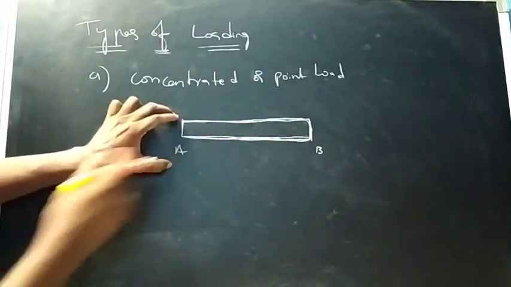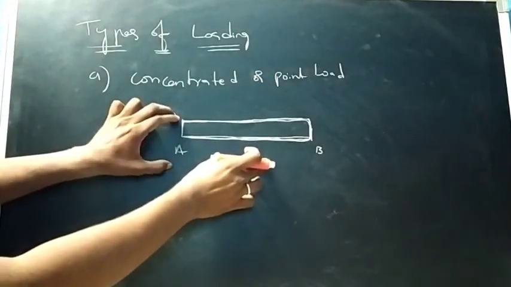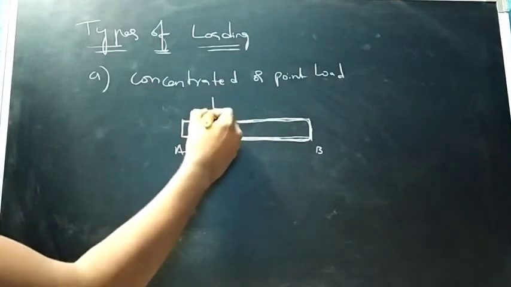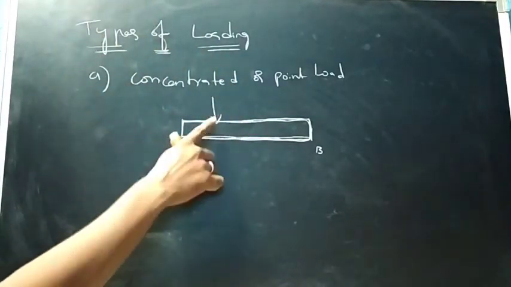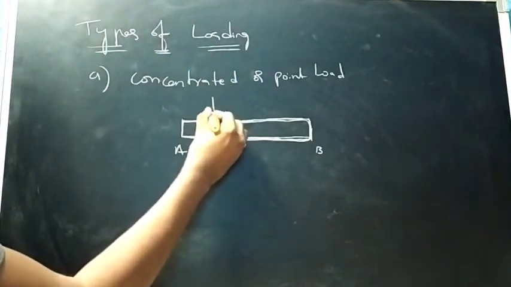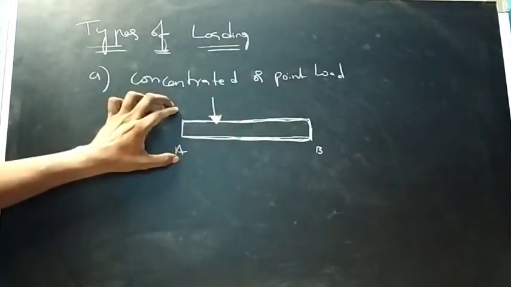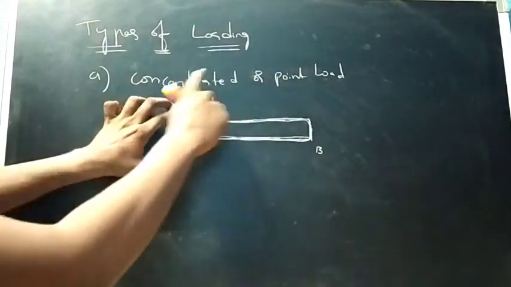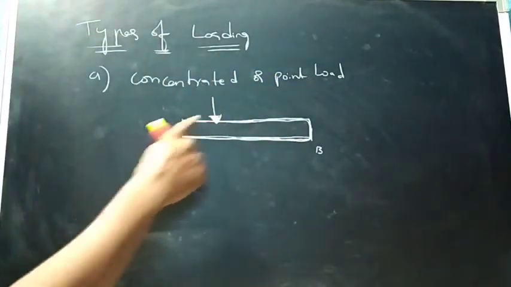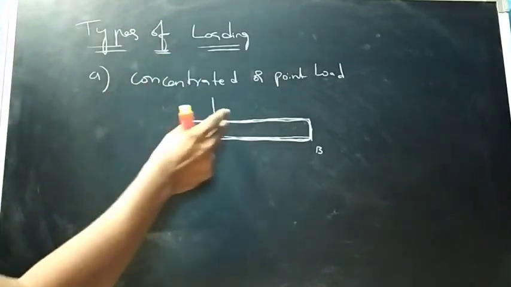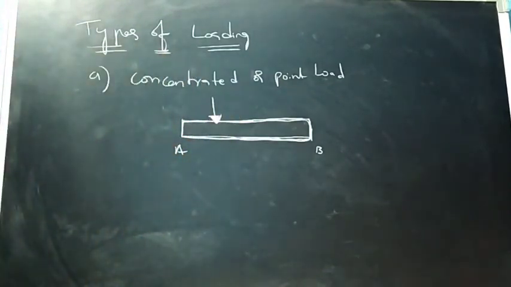When an external load acting on the beam is concentrated at a single point, for example, so one point it is concentrated, the load is acting at a particular point. Those kind of load we call it as point load or concentrated load. It is concentrated at a particular point.